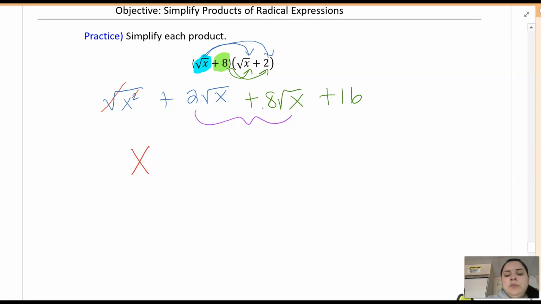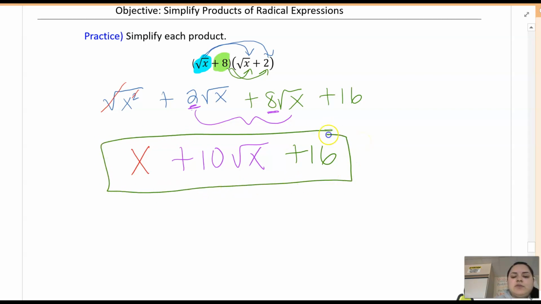So those two in the middle, that's root x and a root x, they're like terms, so I can add the numbers together. 2 plus 8 is going to give me 10 square root of x's. And then just bring down that plus 16, and again you leave it like that because anytime you have variables, the constant goes at the end. So that's actually your final solution there.